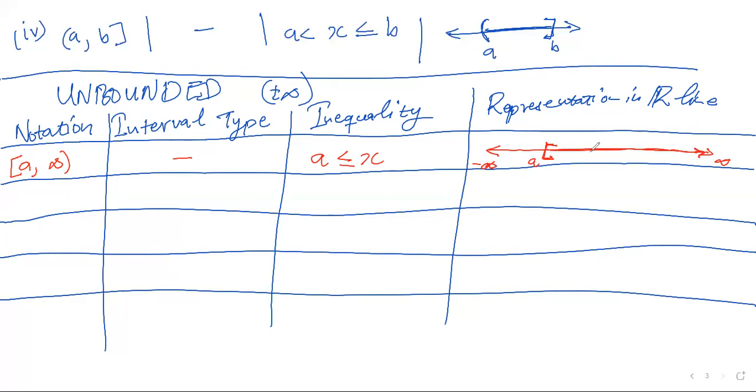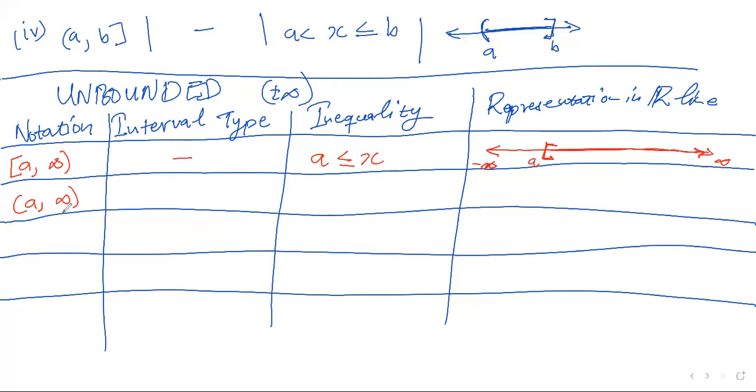I guess it's easy. And then we can have something like open A, comma, infinity. Remember, at infinity, we cannot close our bounds, because infinity is simply a very, very big number that is not known. Hence, we can't really say we know the great number infinity, but we just approximate it to be a very large number, which we don't know.